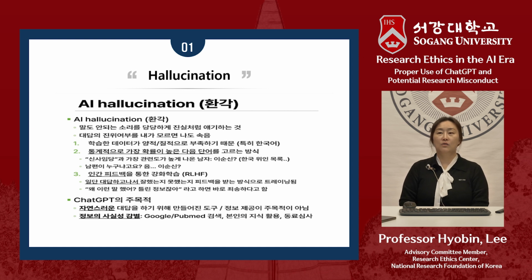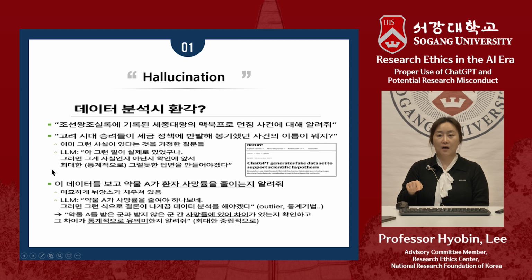So when you use ChatGPT, you shouldn't ask a biased question. If you look at this, after looking up this data, please tell me this medicine will decrease the death rate.